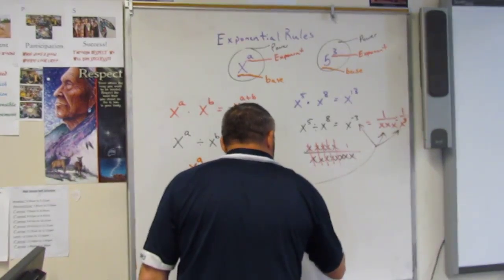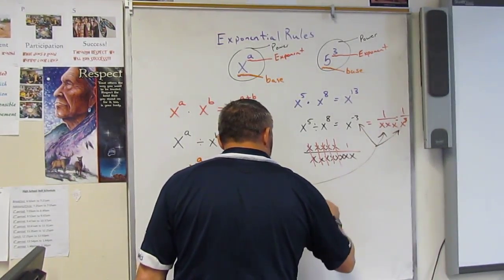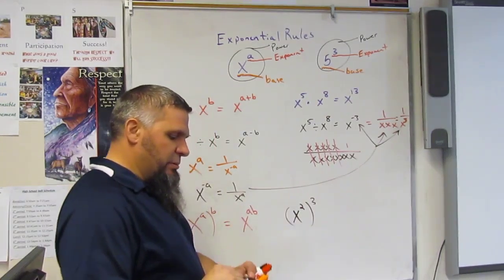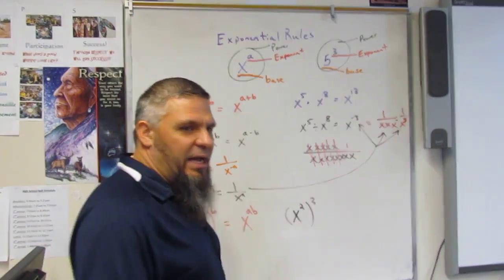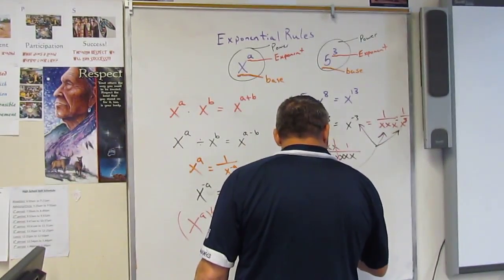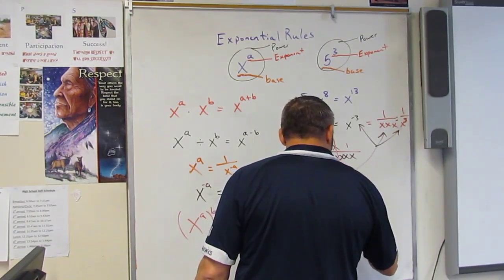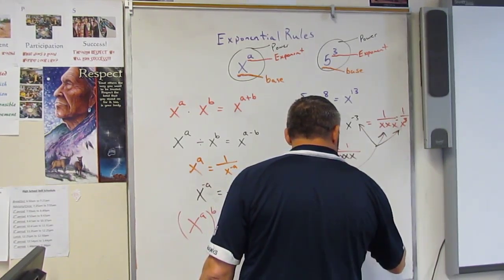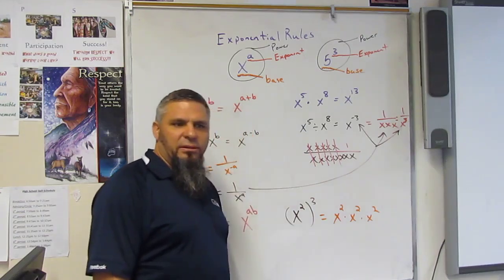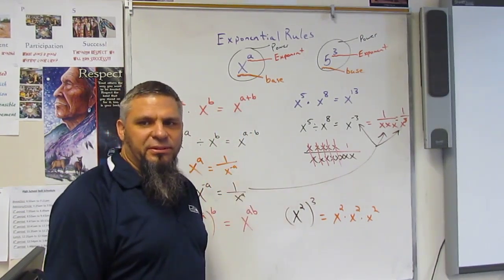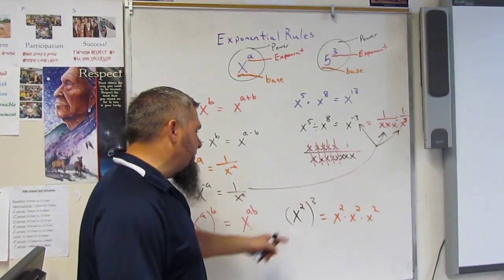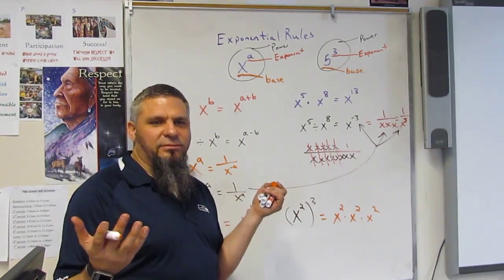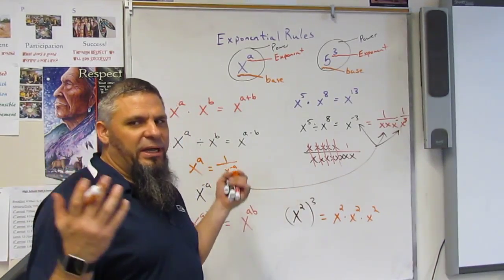Let's think about x squared raised to the 3rd power. Then that means that I have x squared times x squared times x squared, right? And then I would just add the 2's. Well, 3 2's is the same as 3 times 2, right? Either way, you're getting 6.